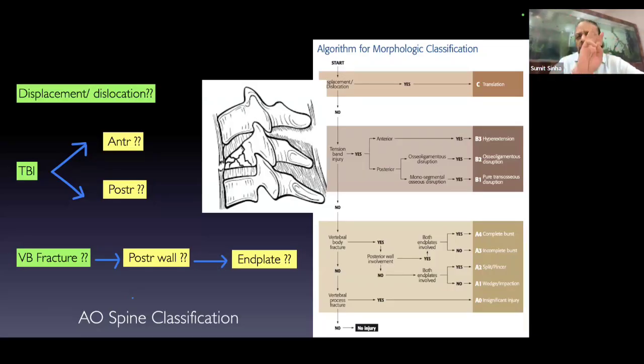These three questions will help you in identifying, classifying and categorizing your injury according to the set patterns set by the AO spine classification. I hope I am correct. This is the most important slide of this whole talk.